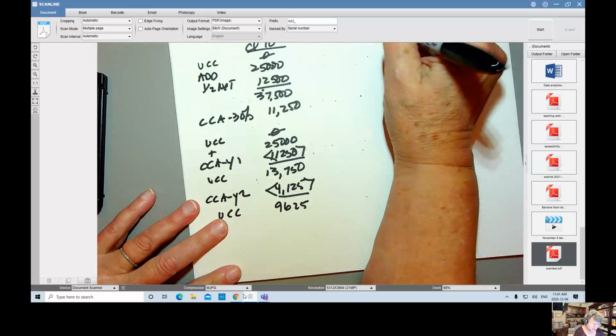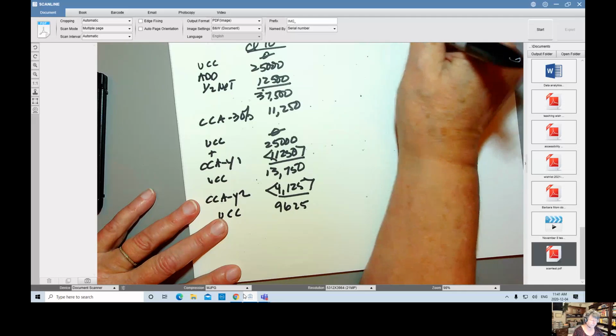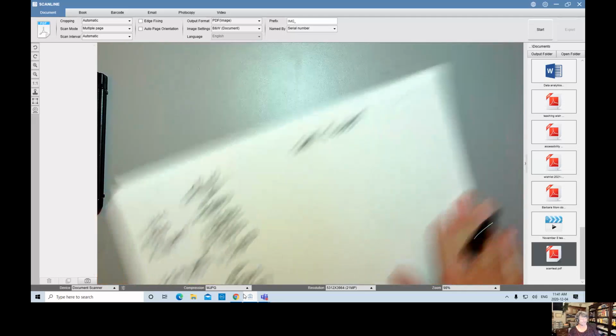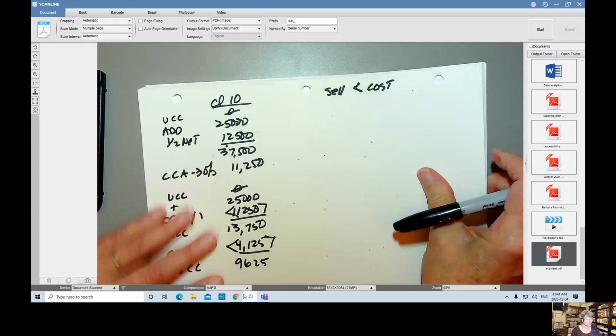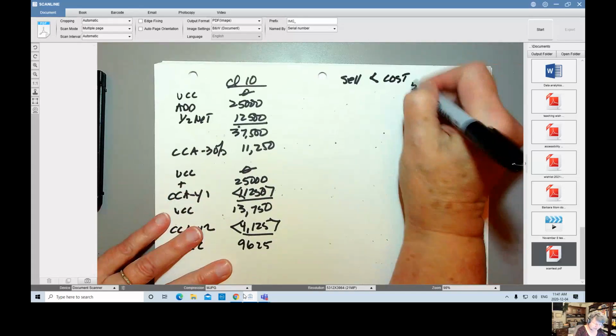So now let's sell for less than cost. Oops, sorry. I do that all the time. I get this out of camera range, right? So let's sell it for 5,000.